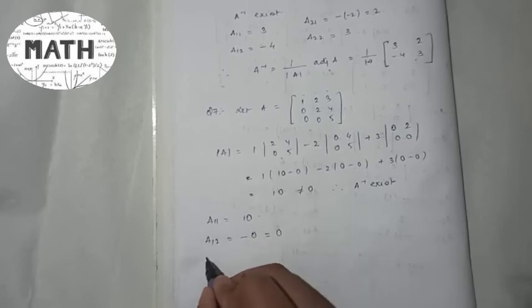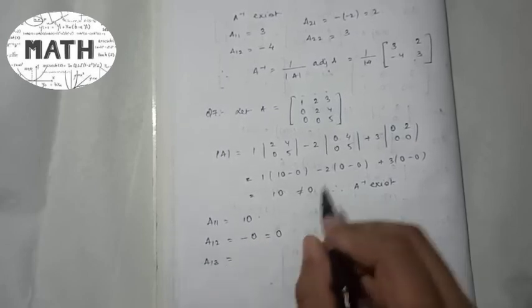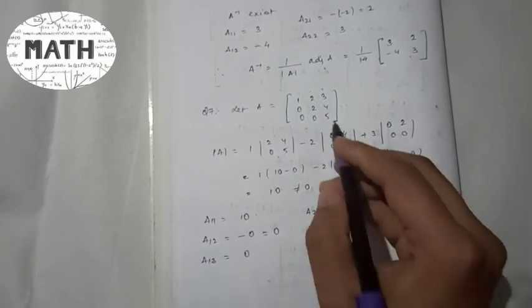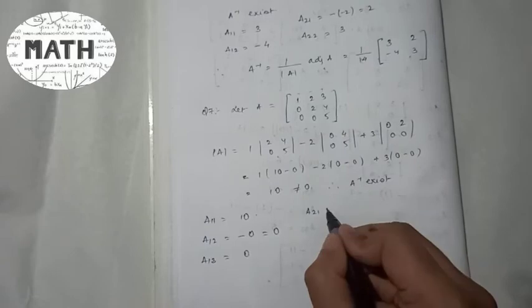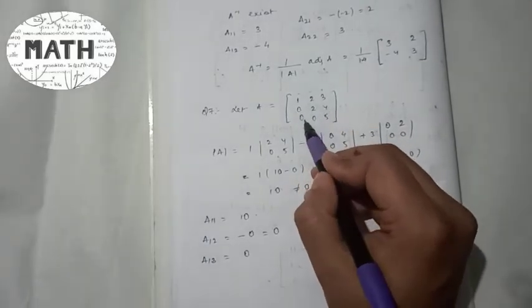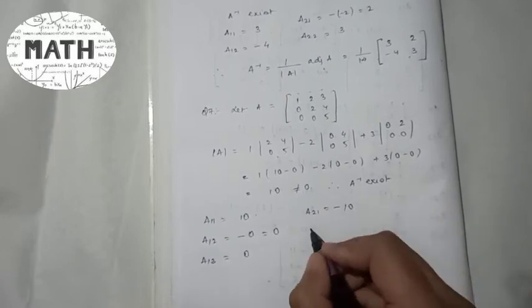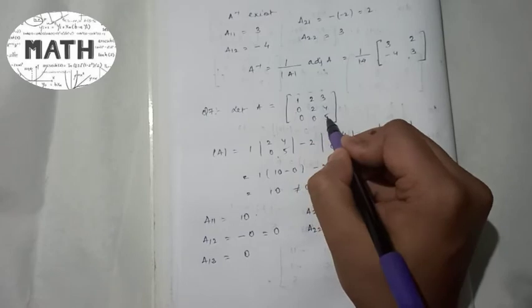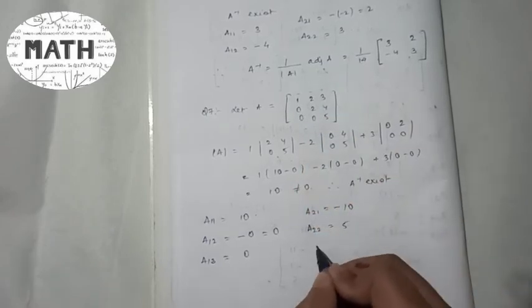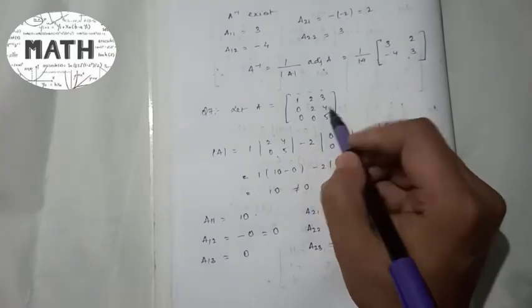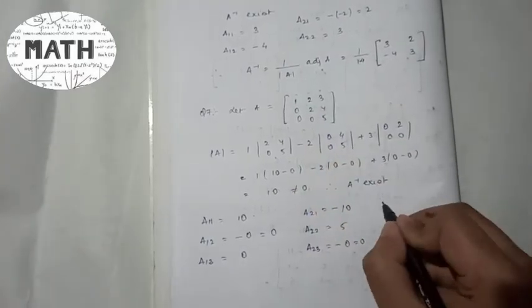Similarly your A13. 1 3 is plus, and the answer is 0. And your A21. 2 plus 1 is 3, so minus. If you solve it, 2 5s are 10, so answer 10. A22. If you solve it, you'll get the answer to be 5. A23 minus. The answer is 0.